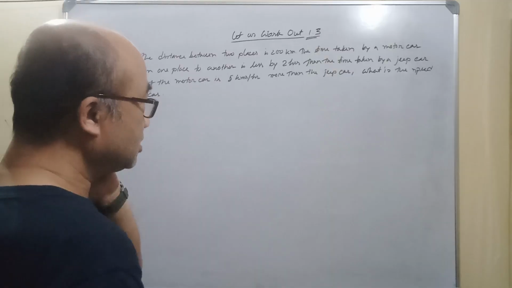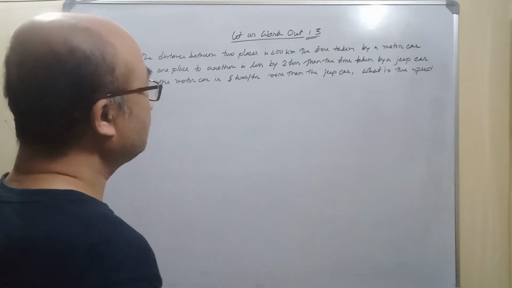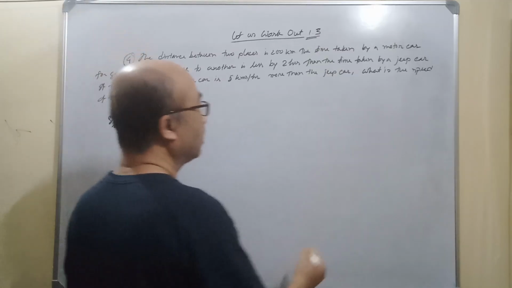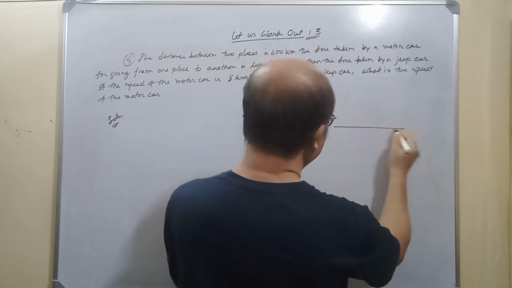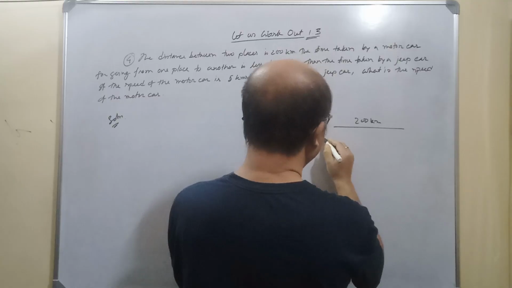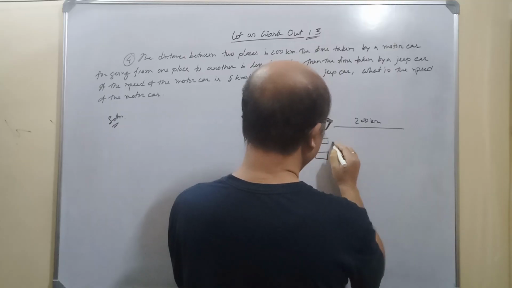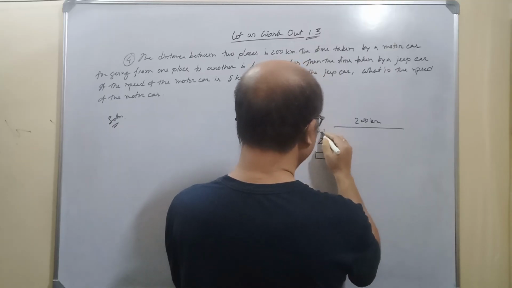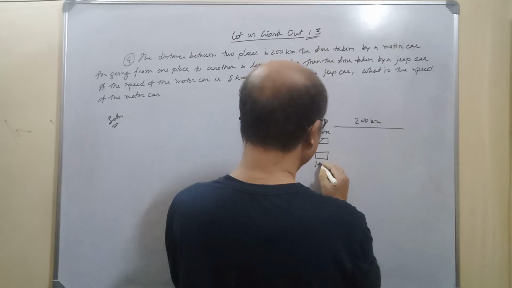So you have to find the speed of the motor car. So there is a distance of 200 km. Okay. So this distance, 200 km distance. So there is a motor car and there is a jeep car. Motor and jeep car. Okay.